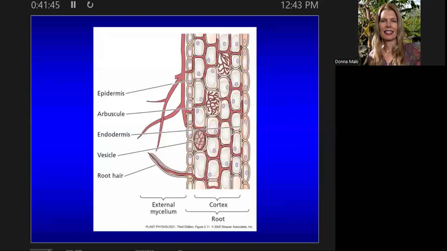So again, just showing a visual that you have not much growth on the surface. You certainly have growth coming off the root, and then these vesicles and arbuscles that can get past the cell wall and bump up to the cell membrane.